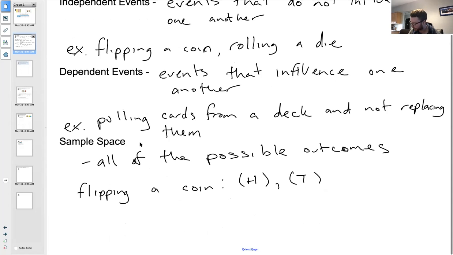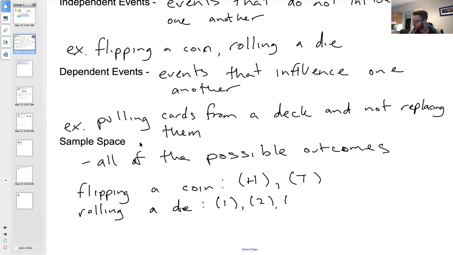Or if we were rolling a die, our sample space would be 1, 2, 3, 4, 5, and 6. Okay, so the sample space is going to show us all of the possible outcomes there.